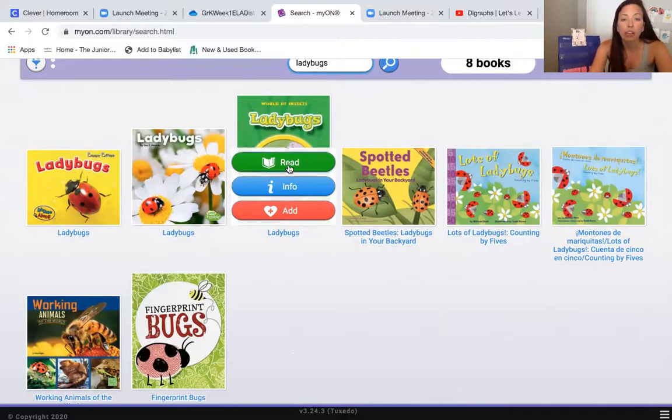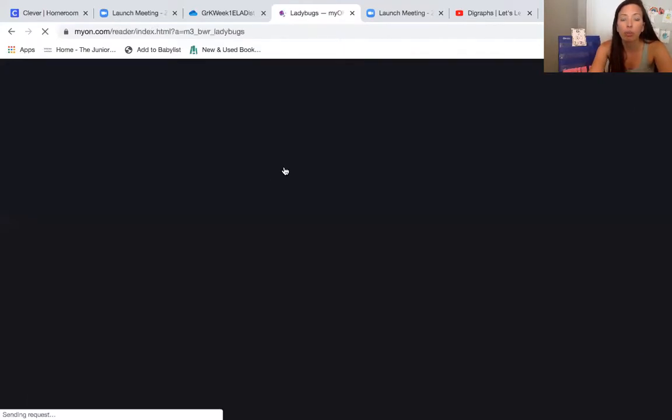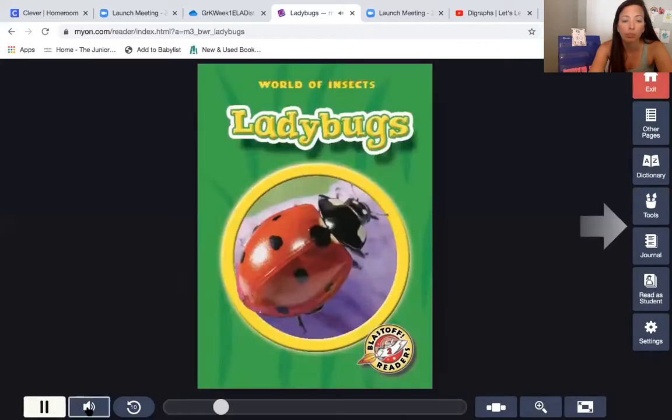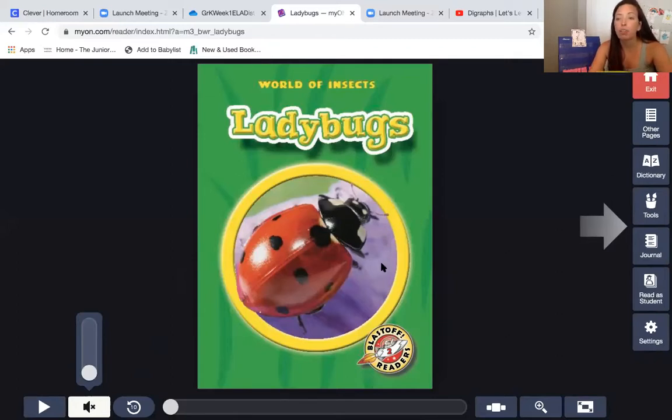And I am actually going to read it on the screen for you. I'm going to turn off my sound. World of insects. I'm just going to read it out loud just to make sure that everybody can hear the book. So before we read, I'm just going to show you some of those words that we're going to be looking for in the book.